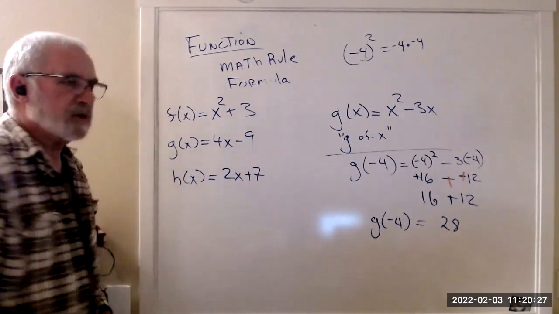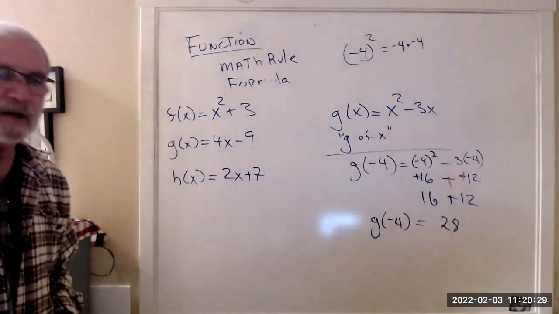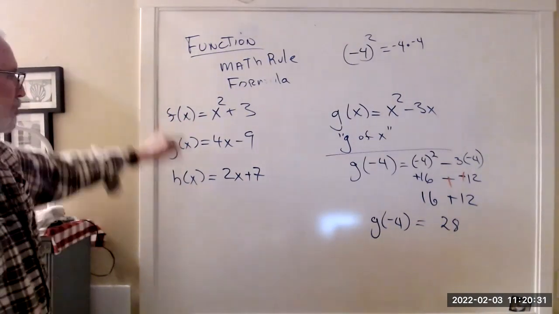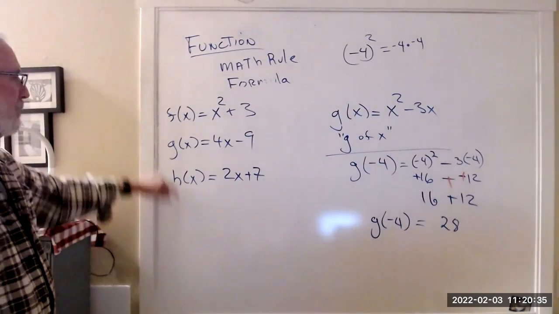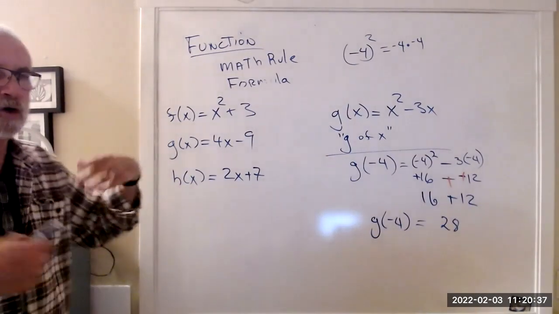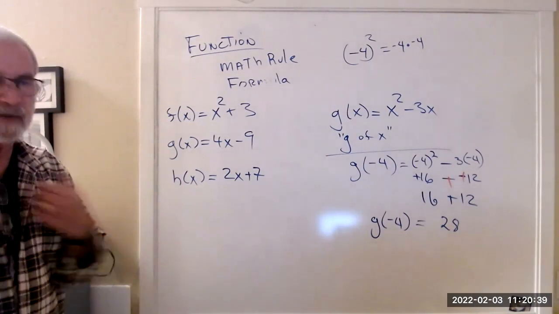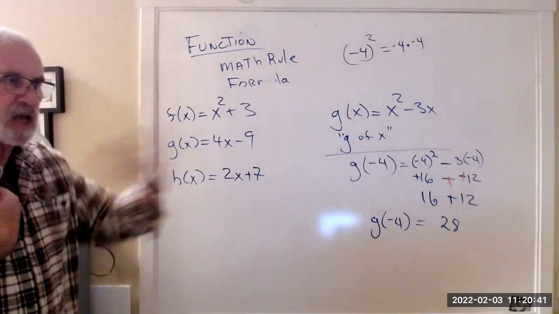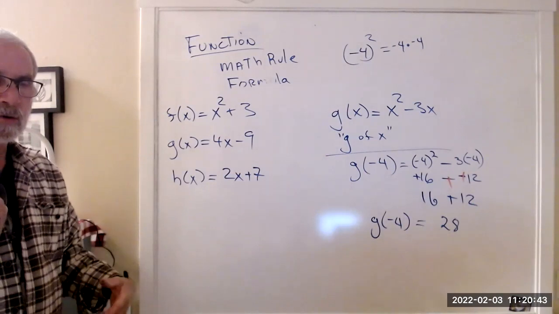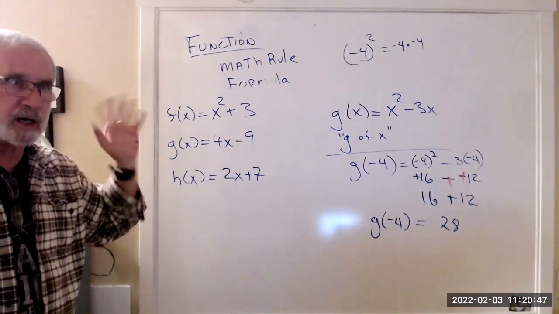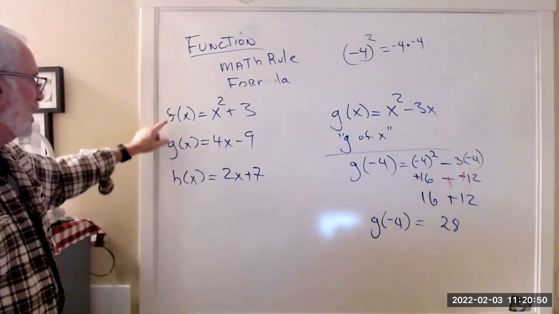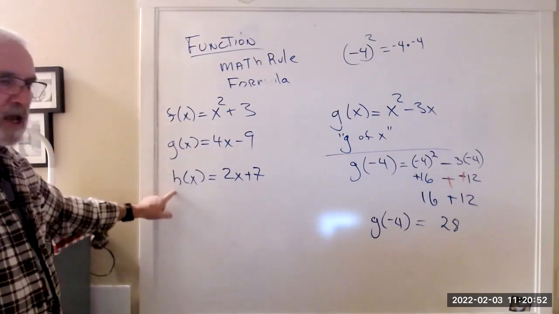So I just made up these problems. I just made up these functions. F of X, G of X, H of X. Remember, the F, G, and H are just its name. Like if I didn't have a name, you'd have to be saying, hey, you, hey, you. But now we can say, hey, Larry, and now I know you're talking to me. So this is the F function, the G function, the H function.